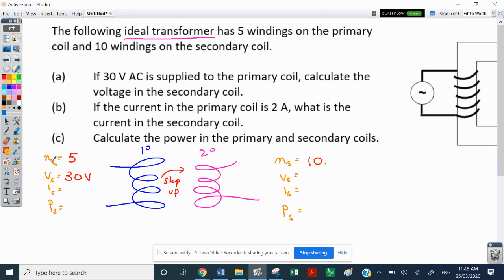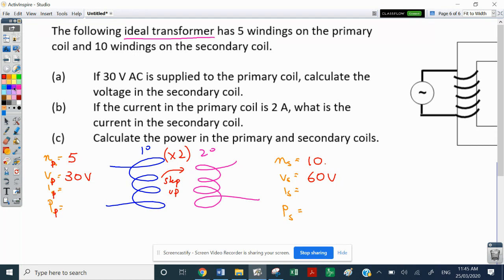I've got all S's here, they should all be P's, so change those. So we've got 30 here. What would be the voltage in the secondary? Well, it's 5 going to 10, so this is a times 2 transformer. So the voltage is stepped up by a factor of 2, so that must become 60 volts.